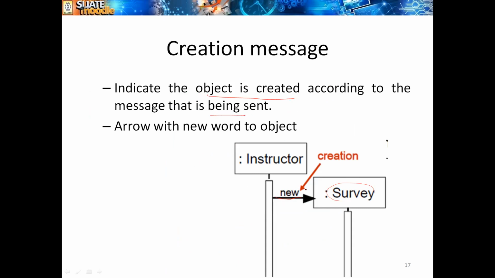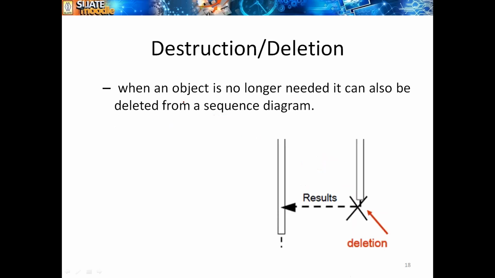So the object is created, the message is being sent, with an arrow and the word new pointing to the object. Destruction: when an object is no longer needed, it can also be deleted from the sequence diagram. Some result is sent after finishing this process, the exam is finished.